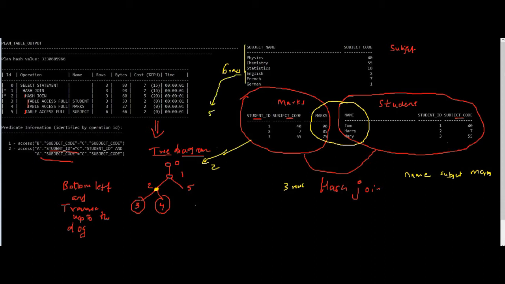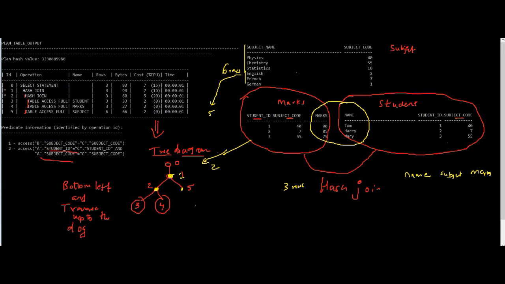So after joining 2 and 5, we get this data set here, which is number 1. So this data set is compared with subject table. So how does it do? So that is done by p dot subject code is equal to c dot subject code.